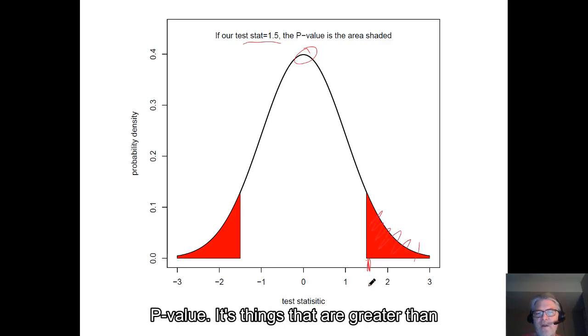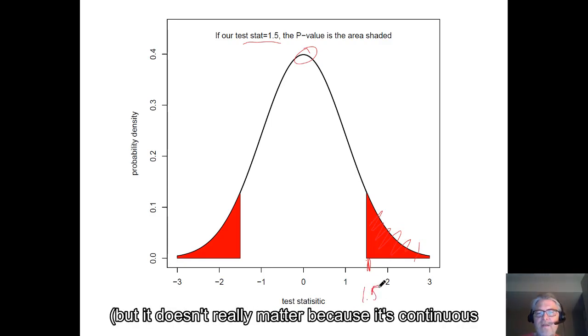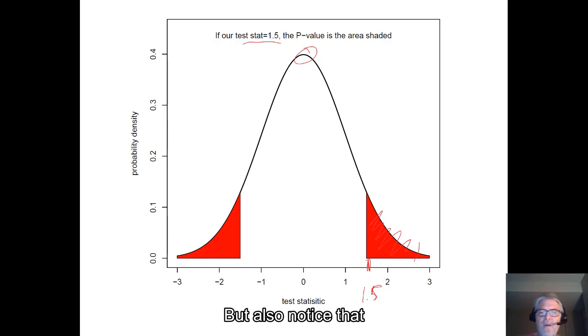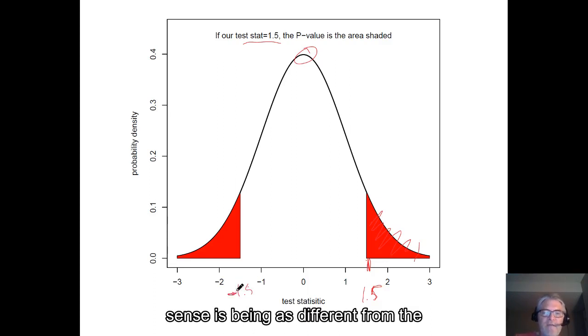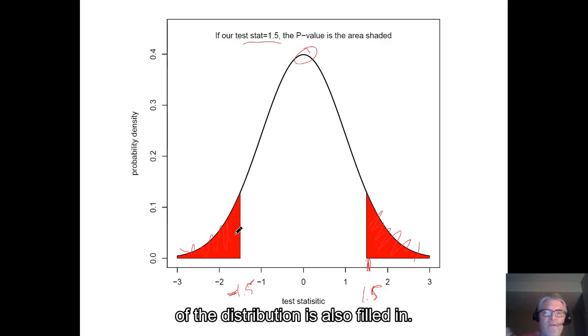It's things that are greater than 1.5, greater than or equal to, but it doesn't really matter because it's a continuous probability distribution. But also notice that negative 1.5 is also as extreme in the sense of being as different from the predictions of the null hypothesis, right? And that's why this tail of the distribution is also filled in.